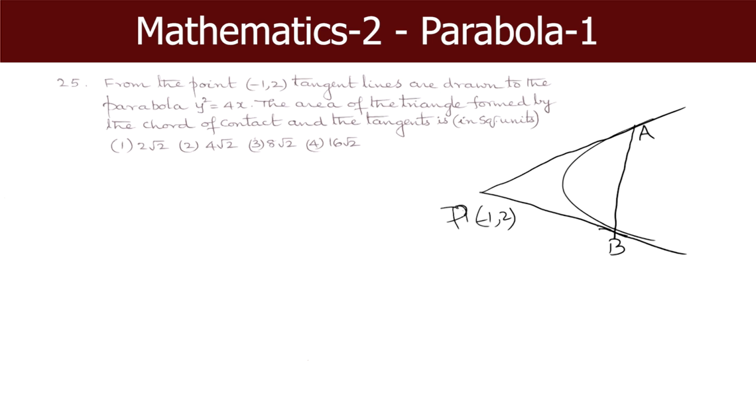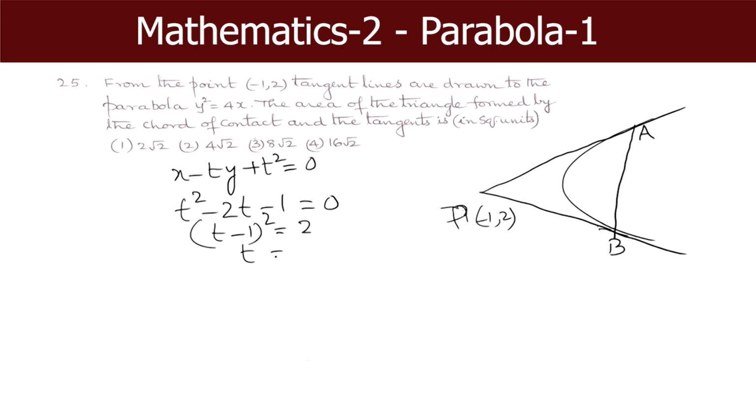First of all, let's find A and B. Otherwise, there is no chance for us to calculate the area of the triangle PAB. First, let us find A. Tangent to the parabola is x minus ty plus at square equal to 0. A is 1 here. This passes through minus 1, 2 if and only if t square minus 2t minus 1 equal to 0, or t minus 1 whole square equal to 2.